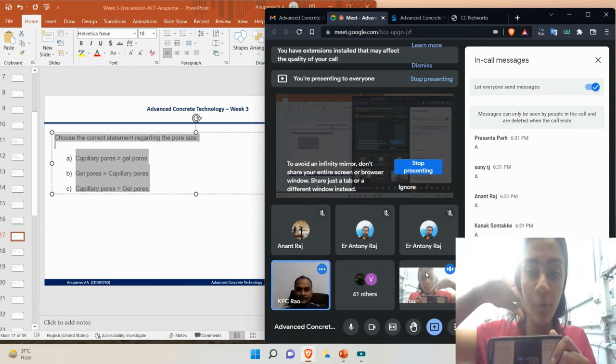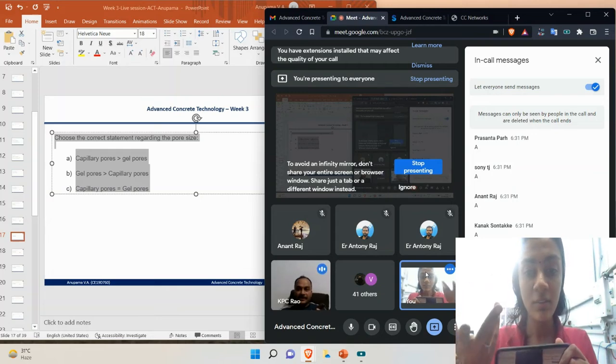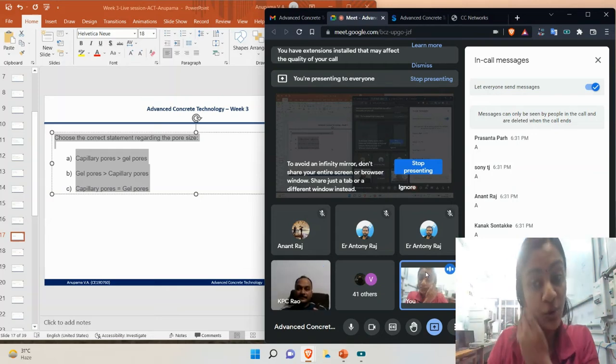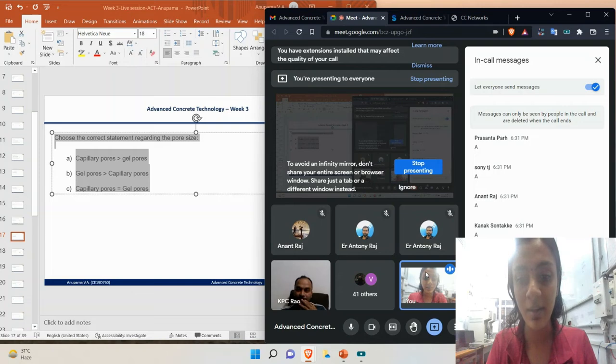But what if the pore is like this? Then we can't see. So we don't know in a particular concrete specimen what type of pores will be there, how the pores are running around, how a pore is oriented or aligned. We never know. That's why we say that with backscattered imaging, we cannot determine the size of the pore.